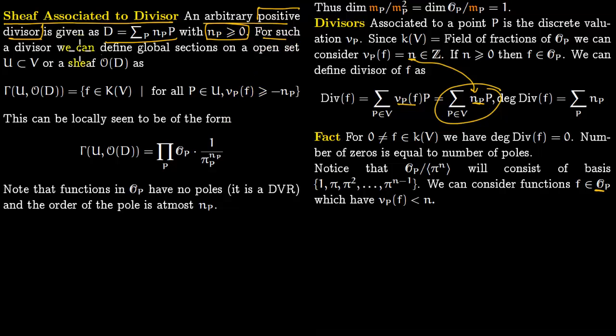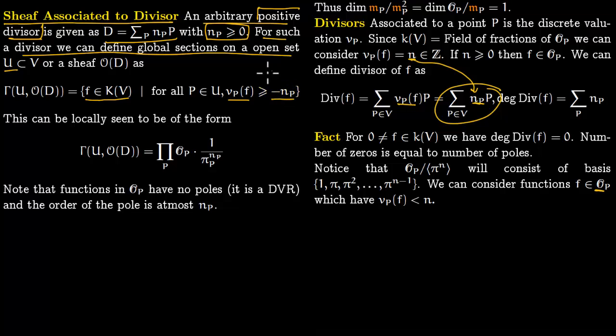So for such a divisor, we want to define the global sections on some open set U of V, or you can say the sheaf O(D). So this Γ means global sections of O(D) on some open set U of this curve V. This is precisely those functions f in k(V), for all points P which lie in this set U, such that the valuation of f at P is greater or equal to negative n_P.